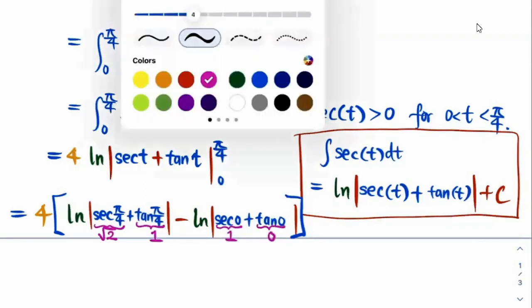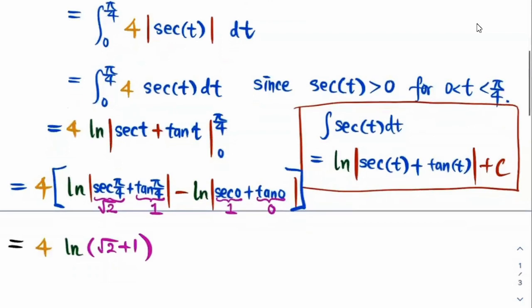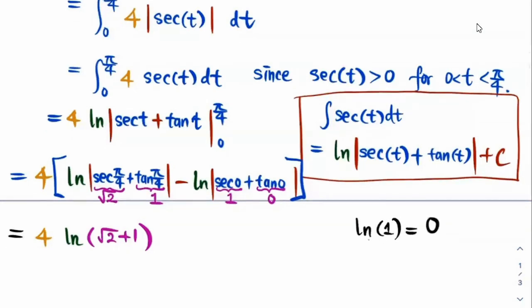So therefore, this one here is equal to 4 ln of square root of 2 plus 1. It is positive, so I don't need the absolute value. Now, this part over here, we get ln of 1. And what's ln of 1? ln of 1 is equal to 0, because remember the base over here is e.